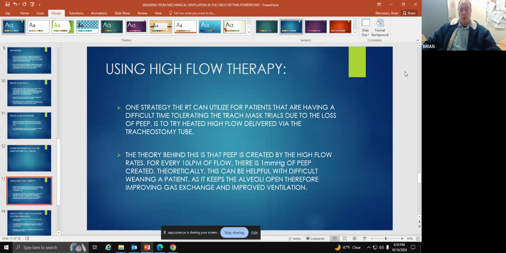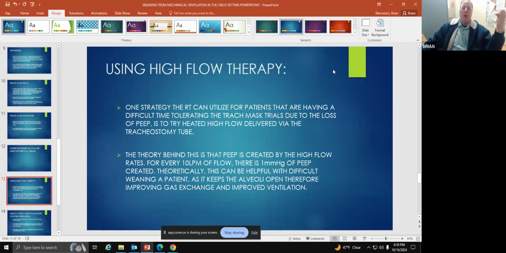The theory behind it is that you have a high flow system giving, say, 30, 40, 50 liters per minute of flow to the patient.